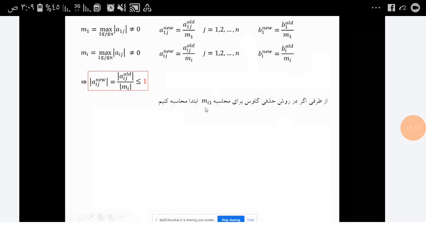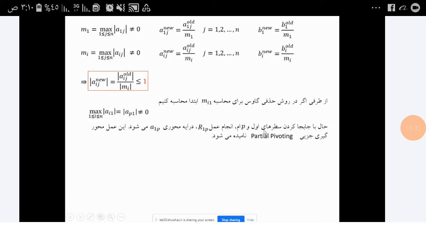So we have mi1. We want to calculate mi1. Let's calculate the maximum absolute value of ai1 for i between 1 to n, and if it appears in the row of p, which is non-zero, we change the first row to the p row.